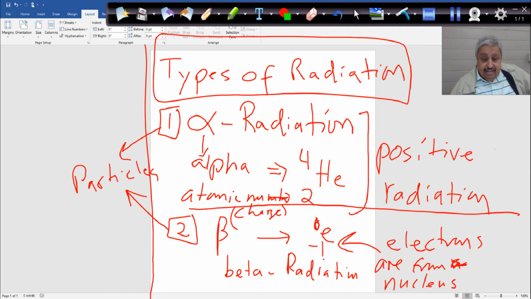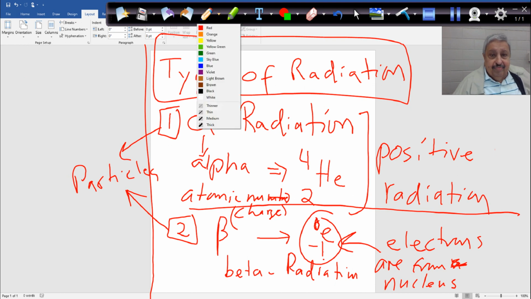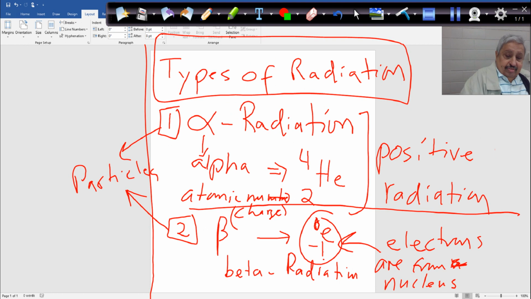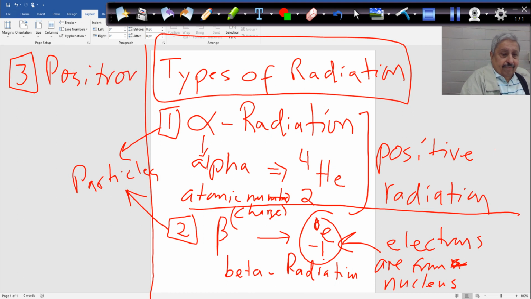So number 3, if I have a negative charge coming out, then I will have positive charge as well. So number 3 here is positron. Positron is the opposite of a beta radiation.